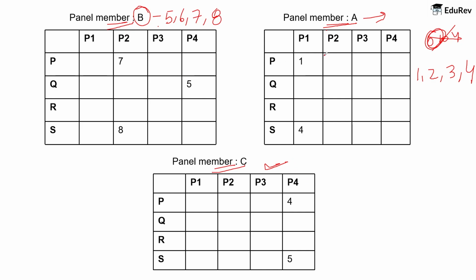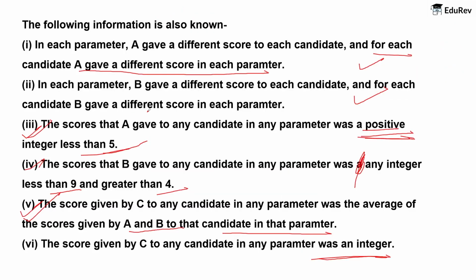Okay, so now let's focus on panel member A and panel member B first. If you look at panel member B, I guess I should start with this because I have three pieces of information given to me, three scores given to me. So I think I can use them in some way. If I look at parameter 2, then 7 and 8 are already done. It means now the scores for Q and R can't be 7 and 8, because if you read the second point very carefully, in each parameter B gave a different score to each candidate.